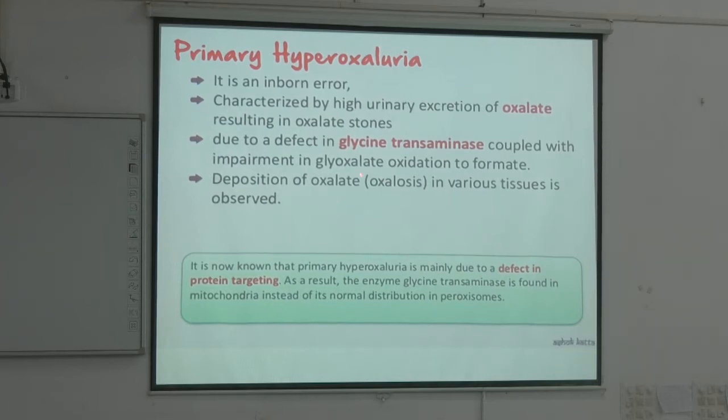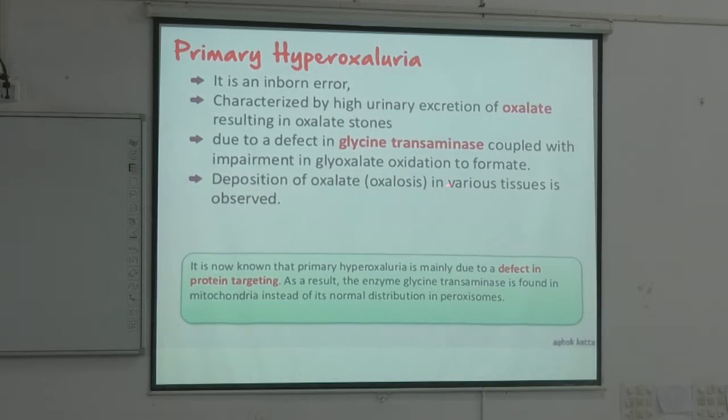So what will happen? Glycolate and oxalates will be deposited more and more in the tissue, and due to that, kidney stones occur. This is a protein targeting defect, due to the enzyme deficiency.